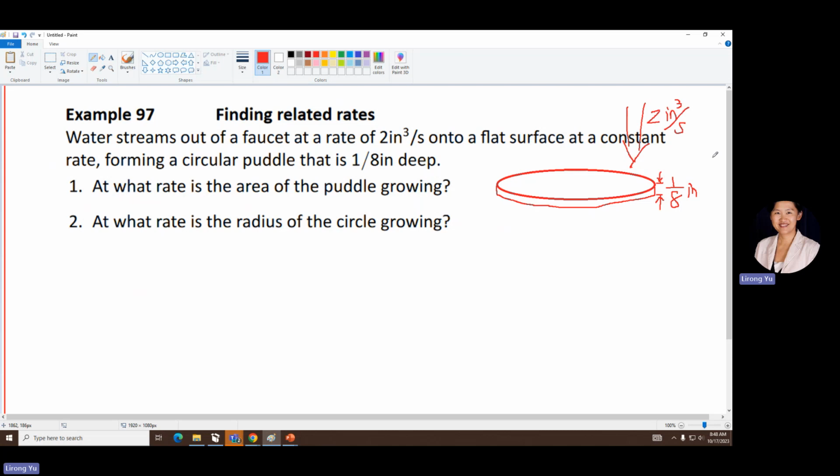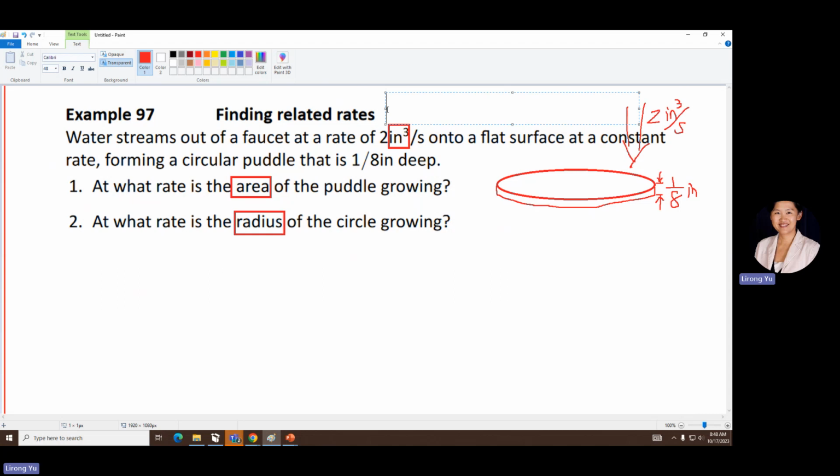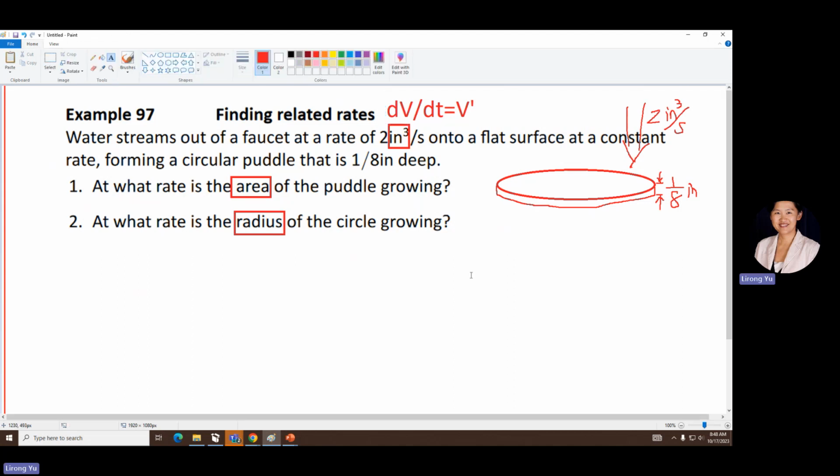The question is asking about the radius and about the area. Because of the unit, I believe volume will also be involved. So this is really the dV/dt that we got. The rate of the volume is 2 inch cubed per second.